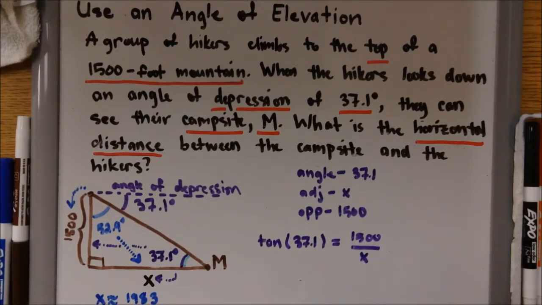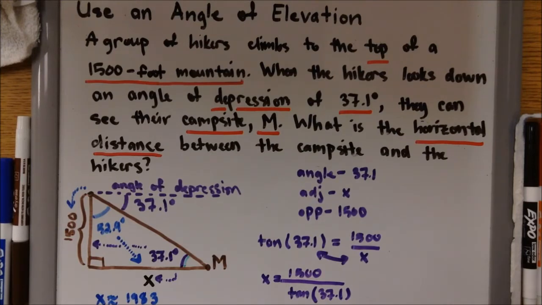And then if I were to get x by itself, I'm just going to switch these two sides. So x equals 1,500 divided by tan of 37.1 degrees.